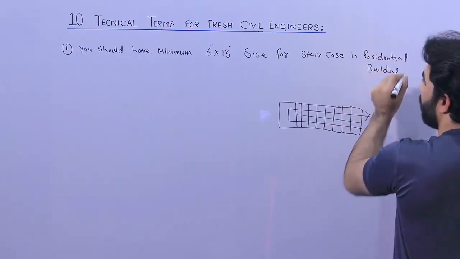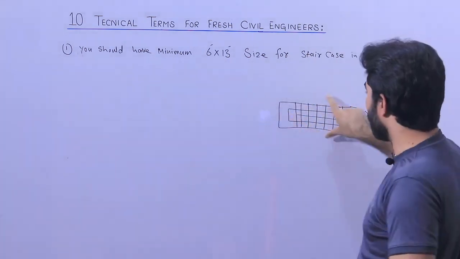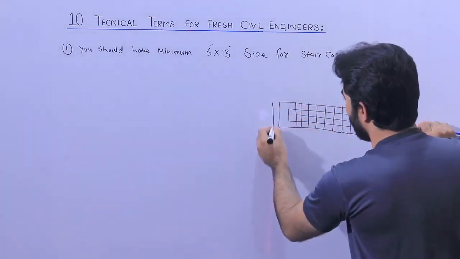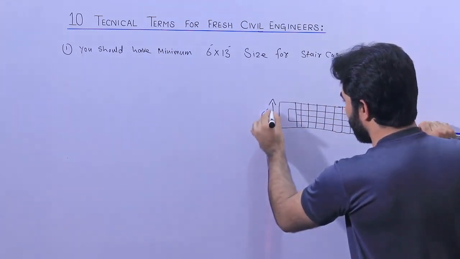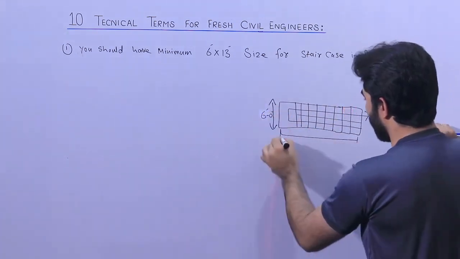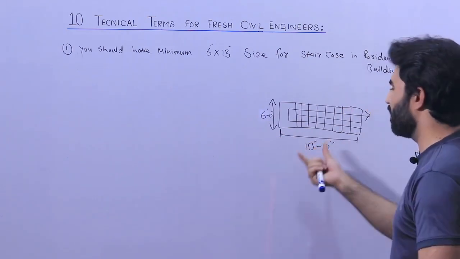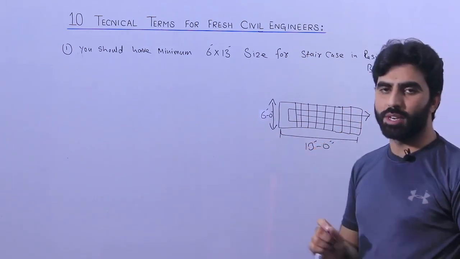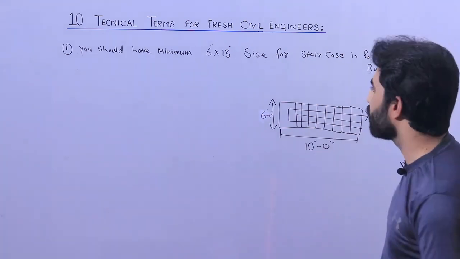You should have minimum 6 by 13 feet space for a staircase. It means the width should not be less than 6 feet and 0 inches, and the length should not be less than 13 feet and 0 inches. So in that small place, you can construct the staircase for a residential building, not for a commercial building.